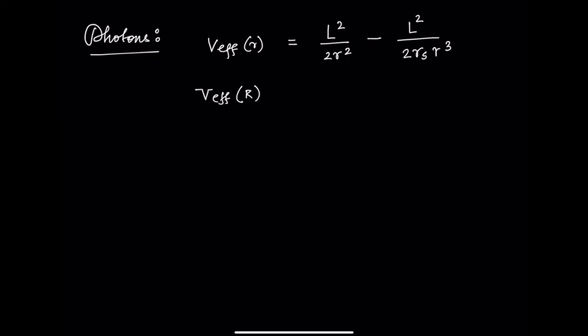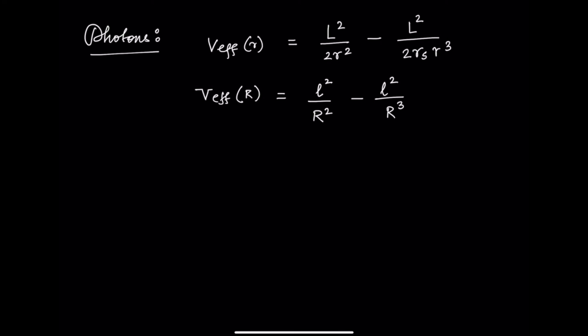If I play the same dimensionless trick, this will be L square by r square minus L square by r cube. You immediately realize that this can have an extremum, because it's 1 by r square minus 1 by r cube essentially.